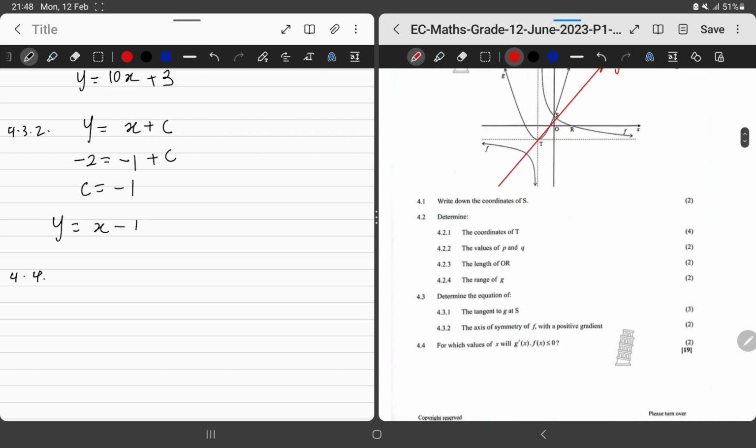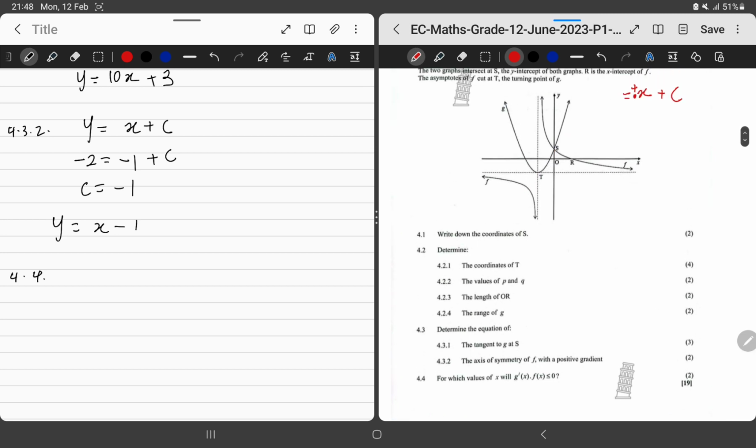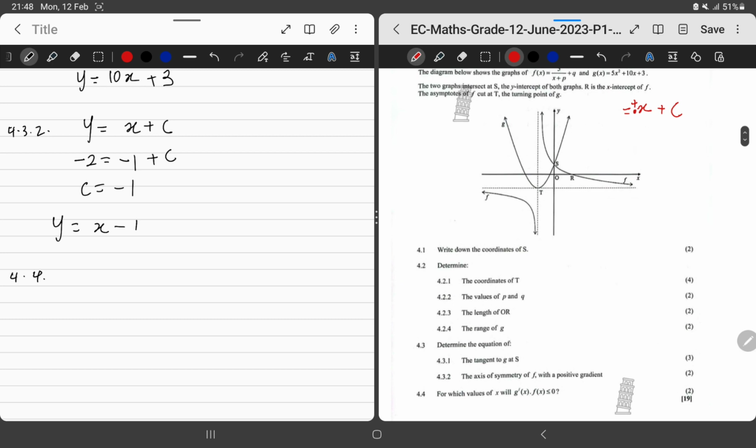4.4. For which values of x will g prime of x multiplied by f of x be less or equal to 0? So g prime represents the gradient of g. So I have two functions.